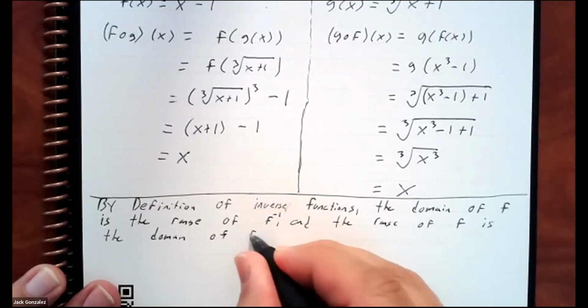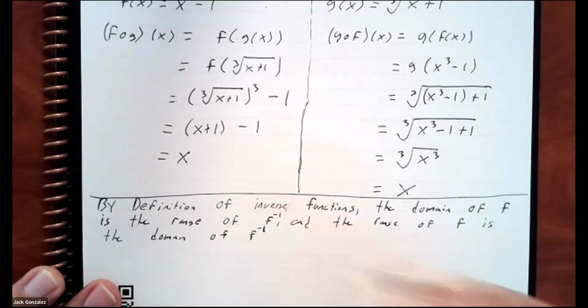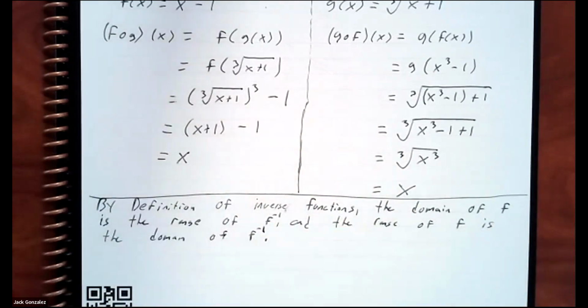So they basically switch. That makes sense. So if your regular function has domain x, range y, then the inverse will be swapped. Domain y, range x. That's what that statement is saying. You just swap them, which makes sense because the inverse brings you back to where you started.